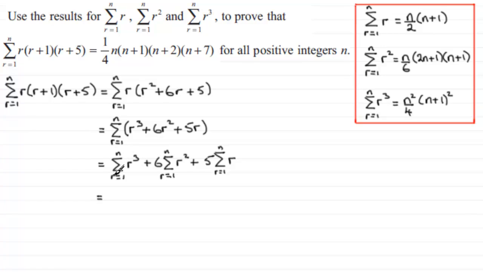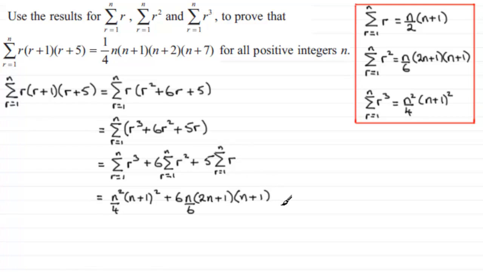So the sum of r cubed, we can see down here, is n squared over 4 multiplied by n plus 1 all squared. And then for 6 sigma r squared, it's going to be 6 times this result. So we've got 6 multiplied by n over 6 times 2n plus 1, and then all that's multiplied by n plus 1.